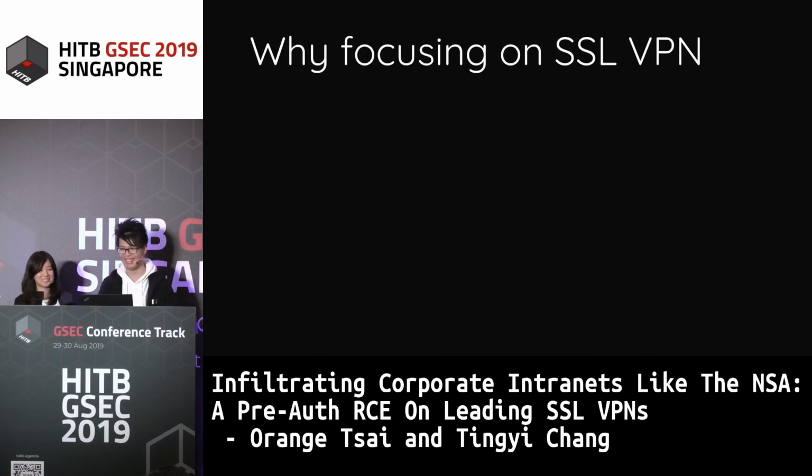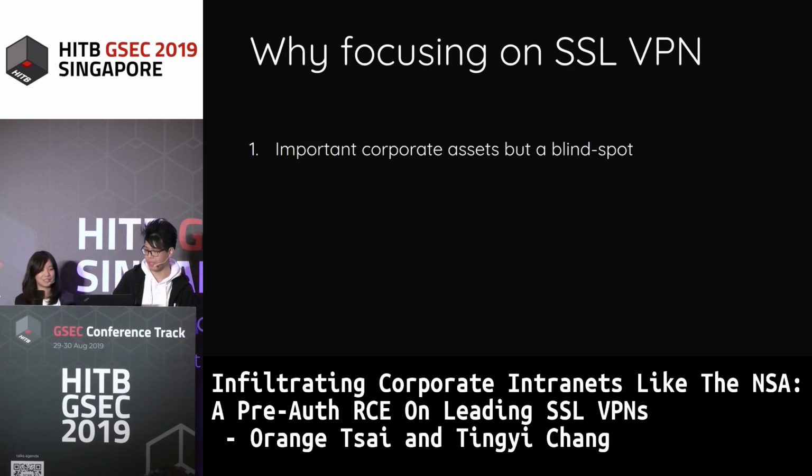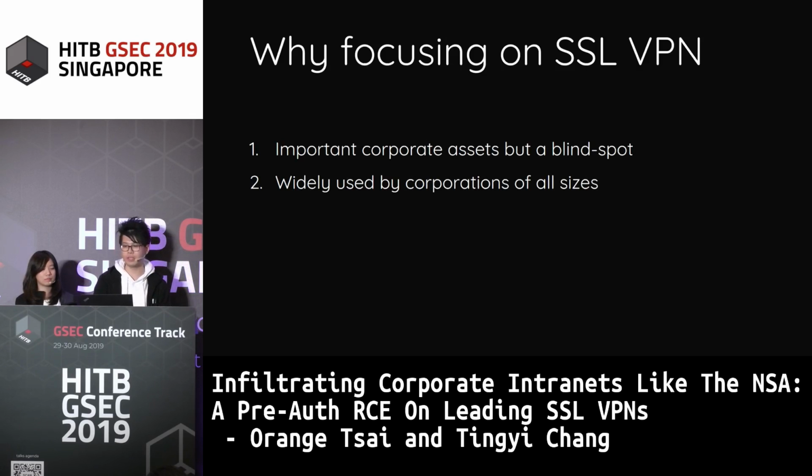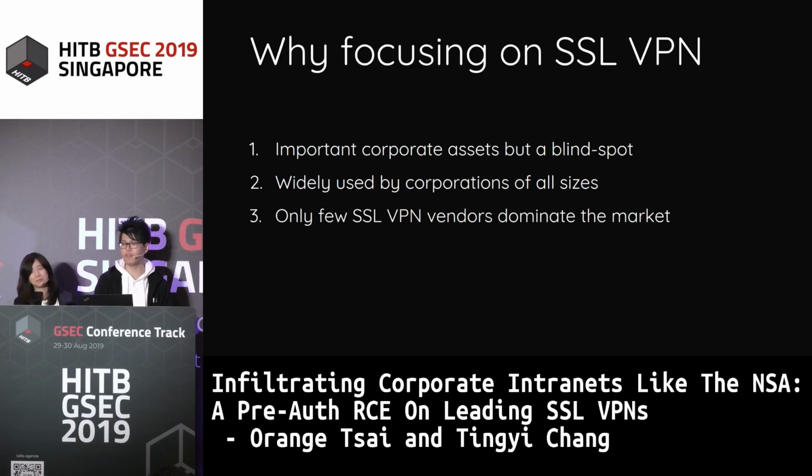Sorry. So that's why we focus on SSL VPN. They are important, but a blind spot. They are widely used by corporations of all sizes, but only a few vendors dominate the market. According to our survey on the Fortune 500, the top 3 SSL VPN vendors hold about 75% market share.